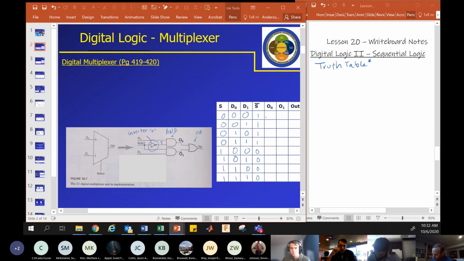So anytime the not S column and the D0 are both high, then O0 will be high. That happens right here, and it happens nowhere else. And the rest will be zeros.